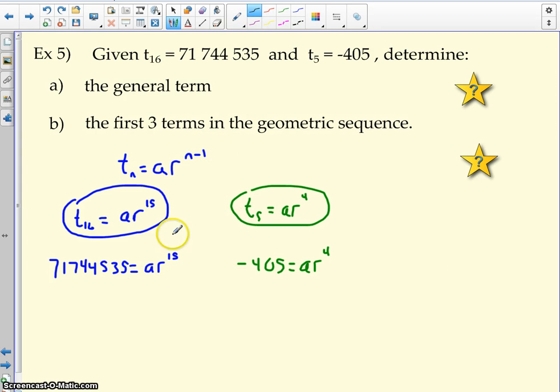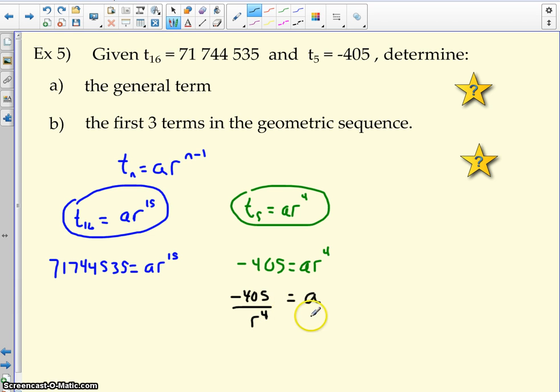I can still try and use one of these equations to isolate for a variable. I'm going to choose to work with this one here because the numbers are smaller. So if I have negative 405 equals a times r to the 4th power, I can isolate for a if I divide both sides here by r to the 4. That would mean that a is equal to negative 405 over r to the exponent 4.